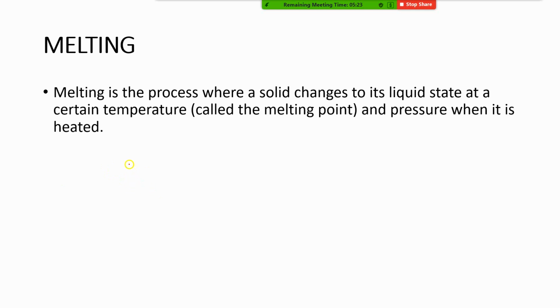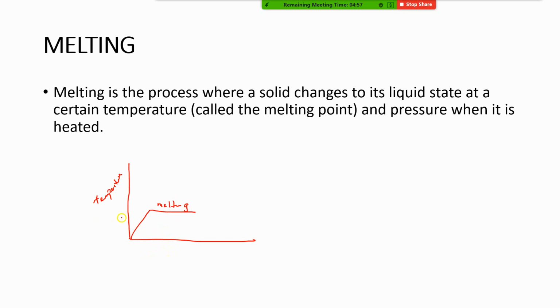What you would just need to do is replicate the graph, and you know that melting would occur here. So melting would be essentially taking place here. You just need to have temperature on this side of the graph, unless it is stated to you.